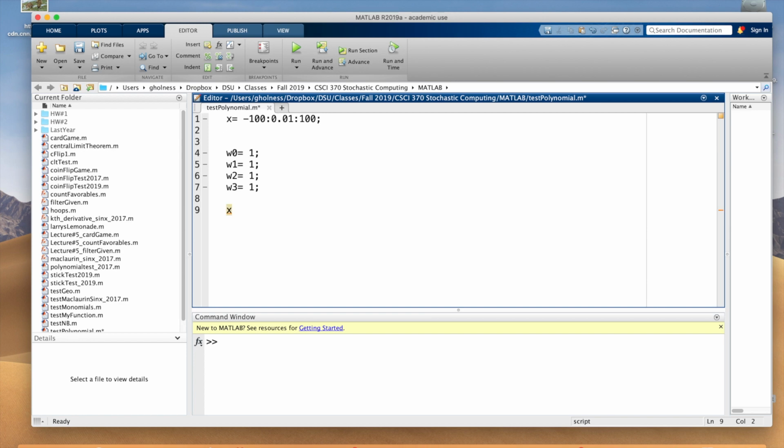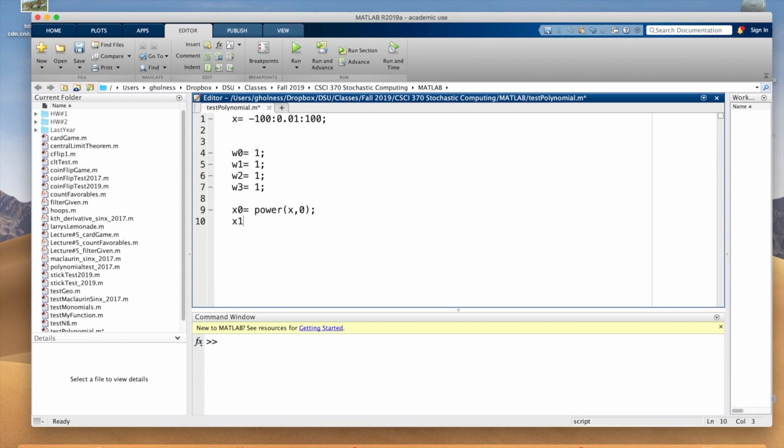So now we're going to say x, let's call that x naught terms, is equal to power x raised to the 0 power, right? So I'm going to raise all my x values to the 0 power. That's going to be the 0th monomial.